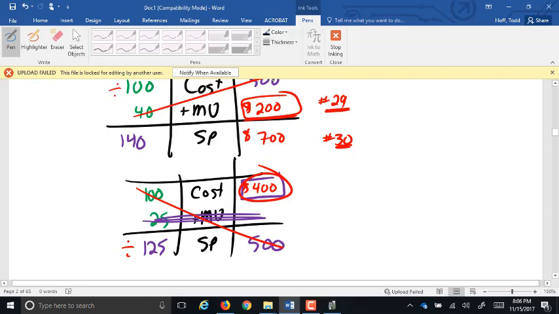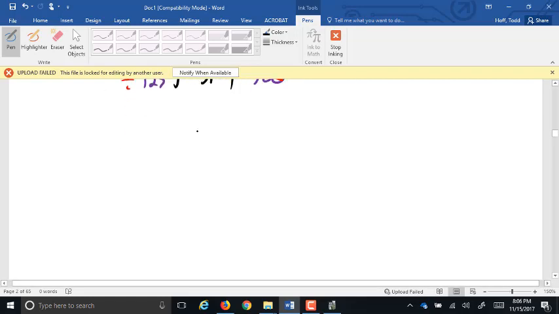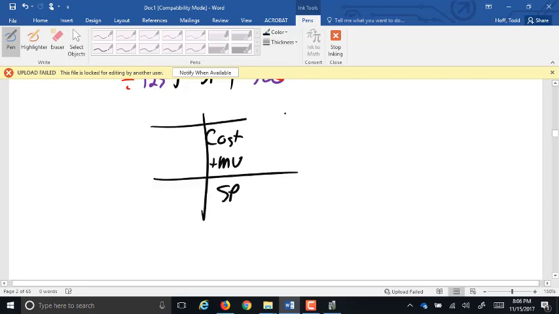What is different now when you get to 32 through 34 is it's markup based on selling price. Which means now the 100% is the selling price. So 32, we've got a markup of 40%.